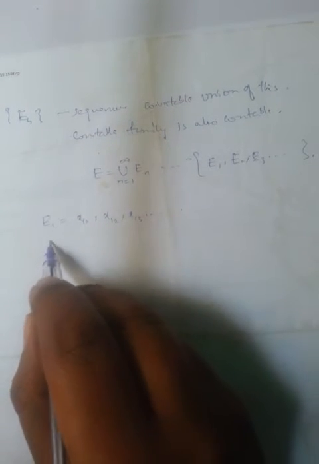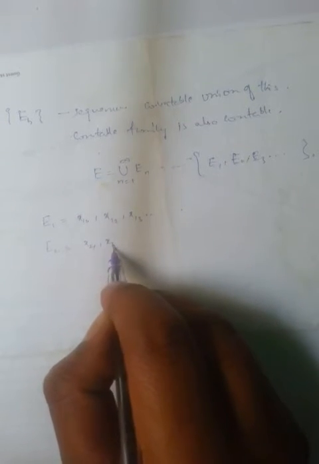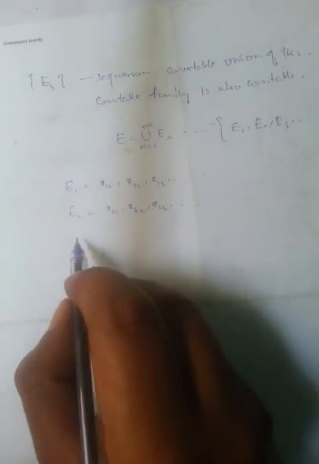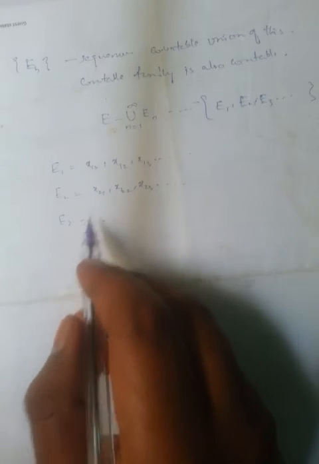Now for E2, we can consider x21, x22, x23, and so on, and then we can consider E3 the same as the previous one. Now considering En, the sequence is xn1, xn2, xn3, and so on.